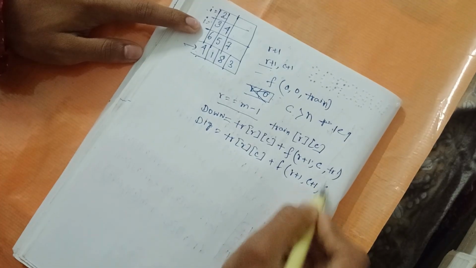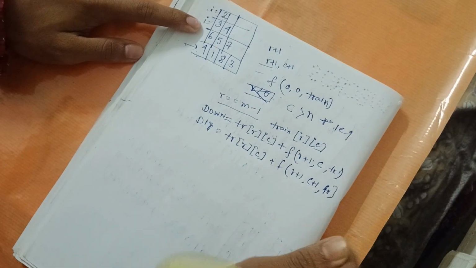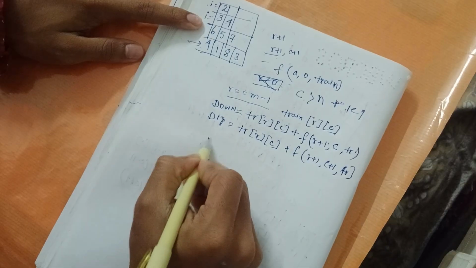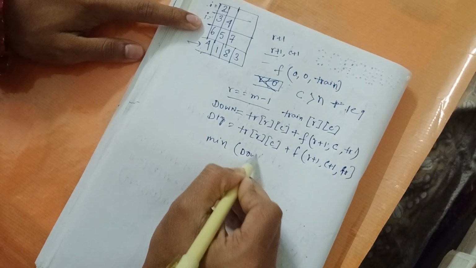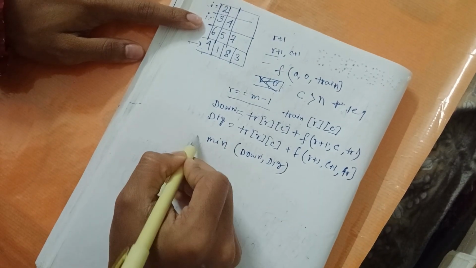Lastly, you return the minimum of down and diagonal. This is my answer.